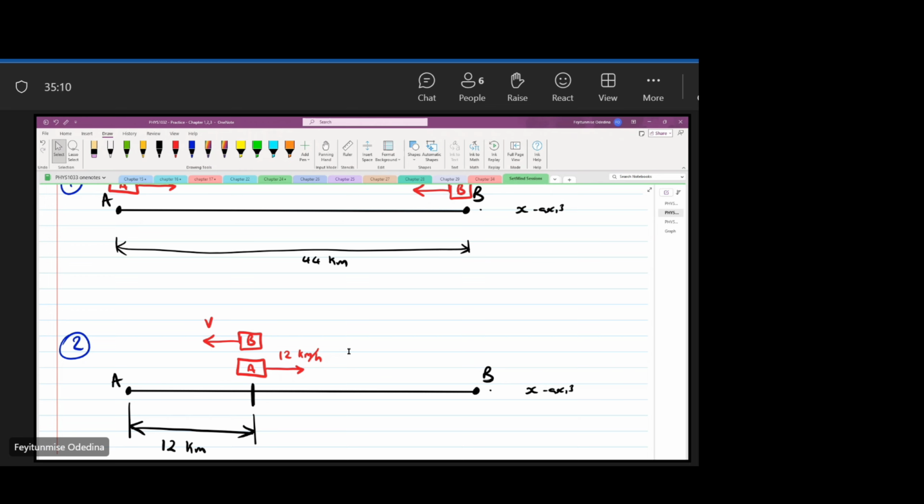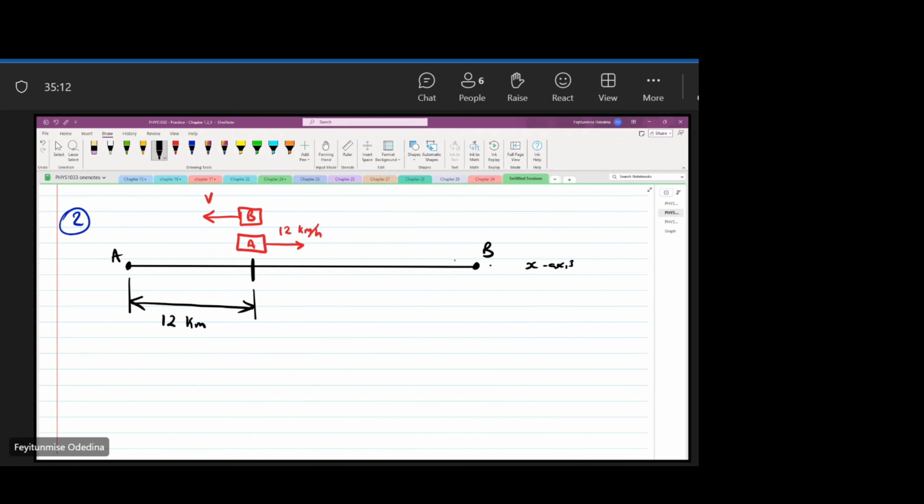The original distance is 44, so this other distance here is 44 minus 12, which is 32. So at this instance in time, train A has traveled 12 kilometers and train B has traveled 32 kilometers.